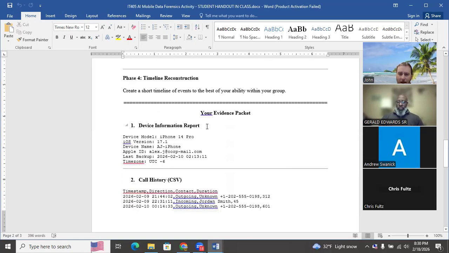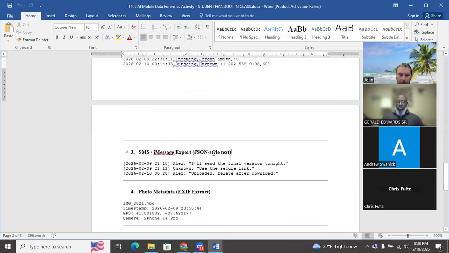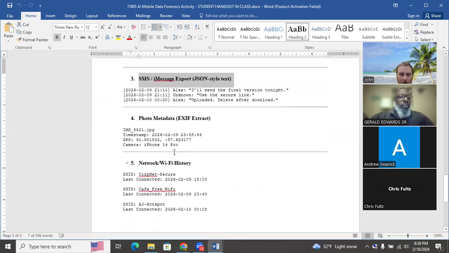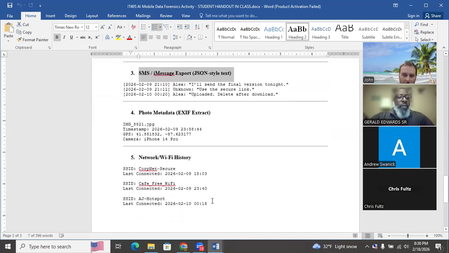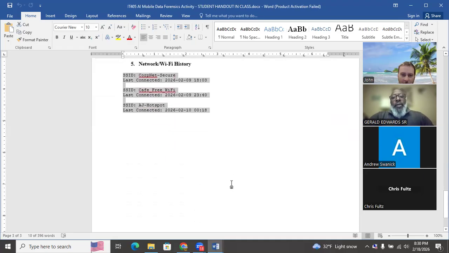So here was the evidence packet that I was going to give you, and each one of these corresponds to each phase that I referred to above. For instance, type of phone, call history, some of the messaging, the photo metadata. There are a couple more evidence areas here, so you can analyze all these together. Network Wi-Fi history.